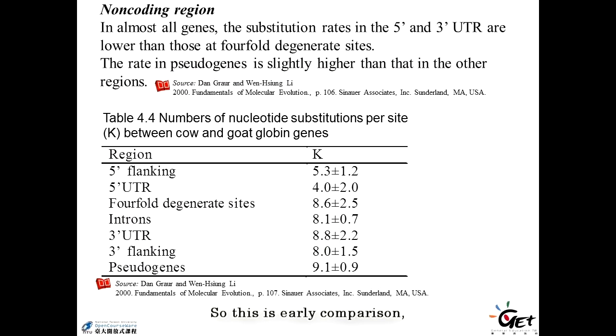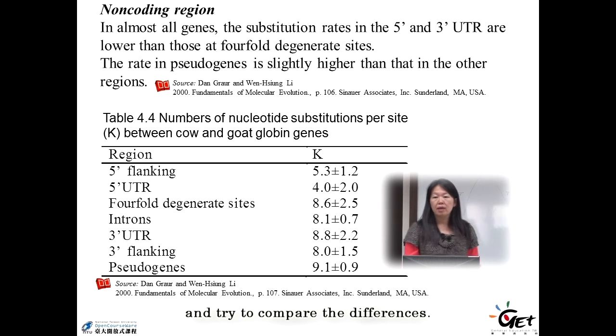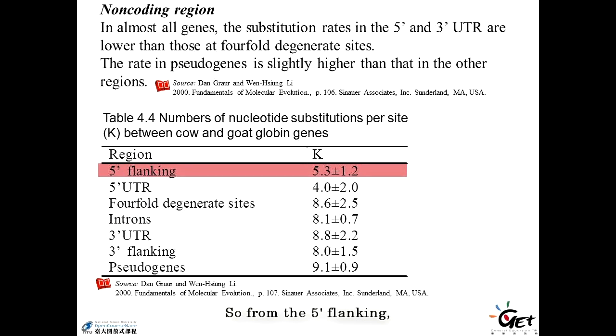So this is an early comparison, and we can separate the regions and try to compare the differences. One obvious thing that appears here is they all appear quite different. So from the 5' flanking, this is the 5' region of the gene, but not including the 5' UTR.